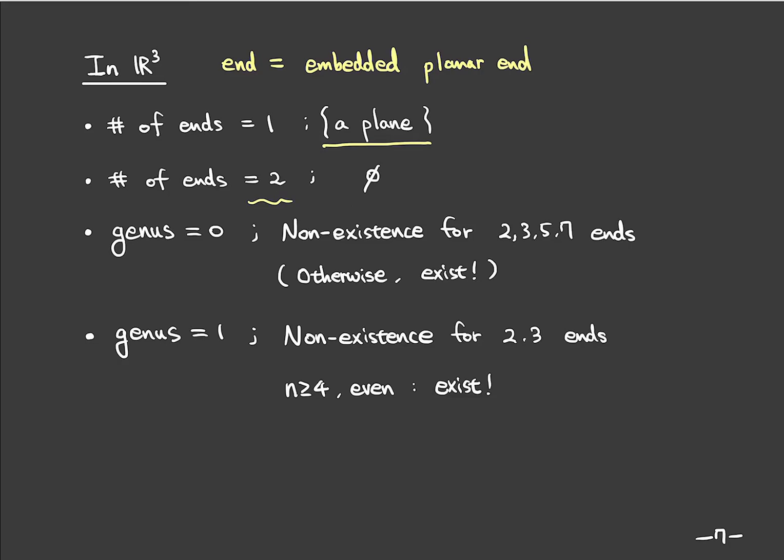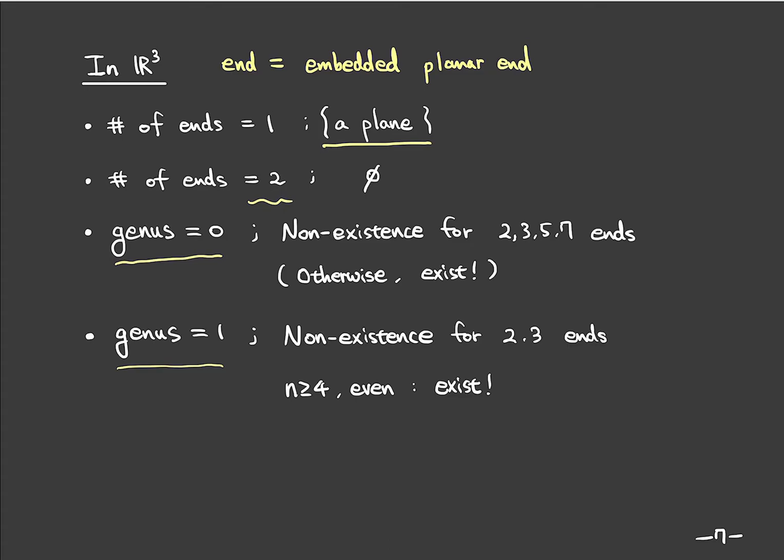And for a punctured sphere, we have the non-existence of 2, 3, 5, and 7 ends. Otherwise, examples have been constructed in all cases. And for a punctured torus, we have the non-existence of 2 and 3 ends.